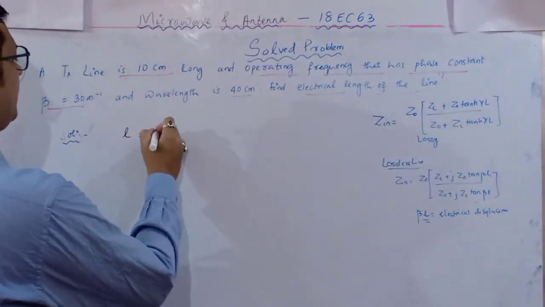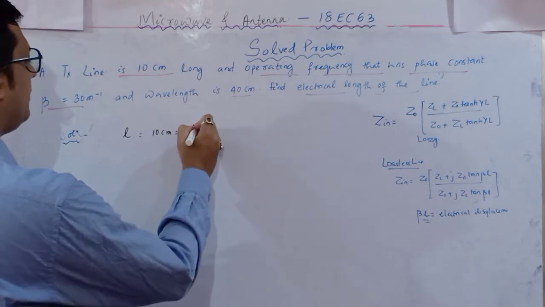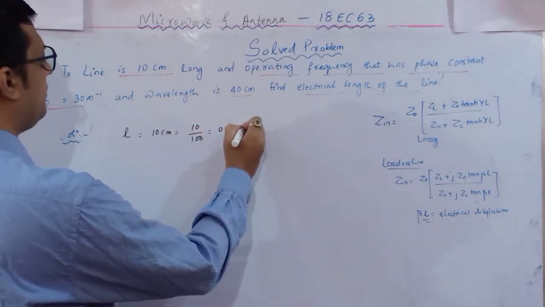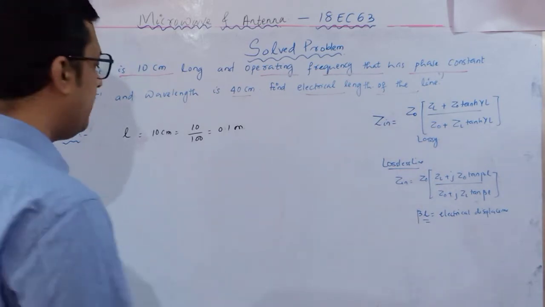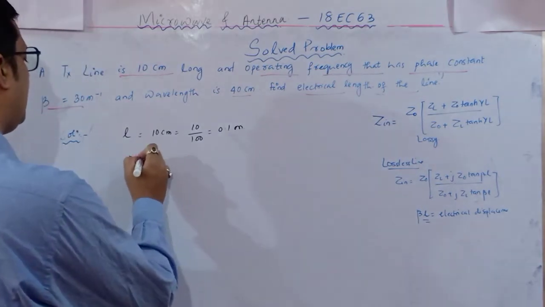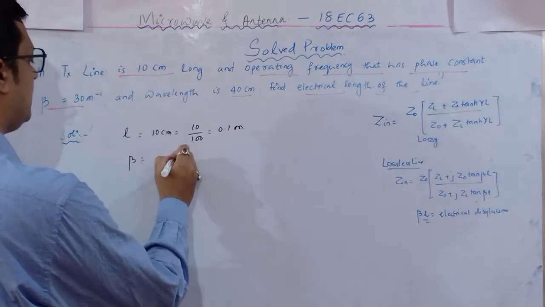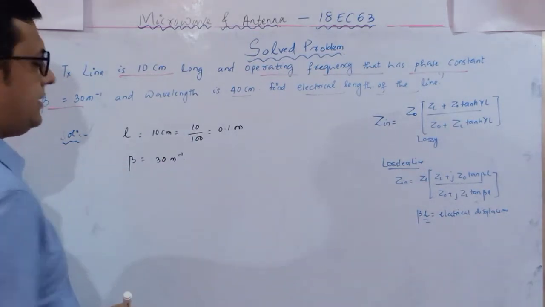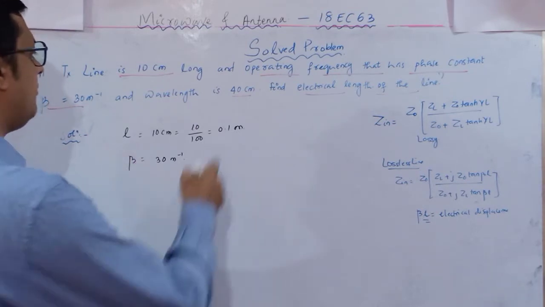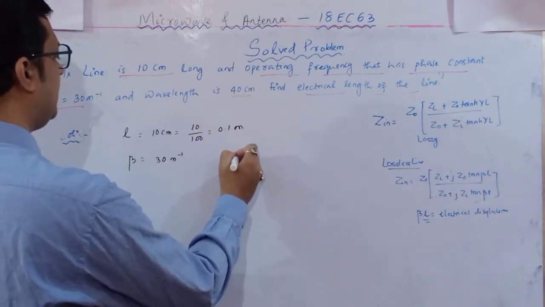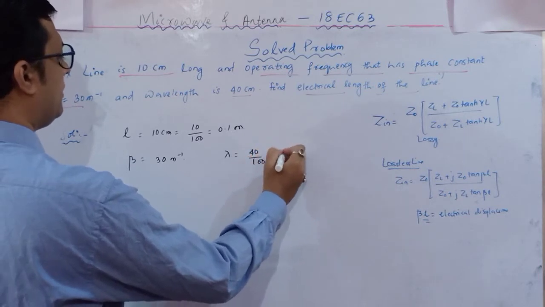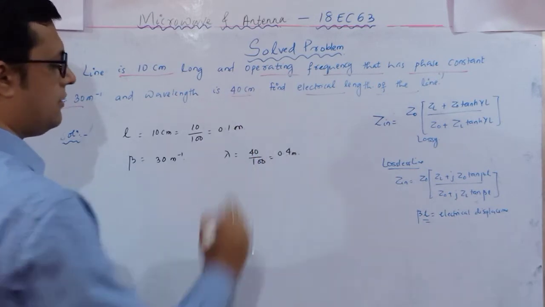Length of the line is 10 centimeter, so 10 by 100, it is 0.1 meter. Then phase constant beta is equal to 30 per meter. And wavelength is given as 40 divided by 100, that is 0.4 meter. Okay.